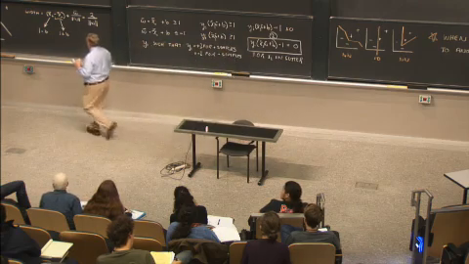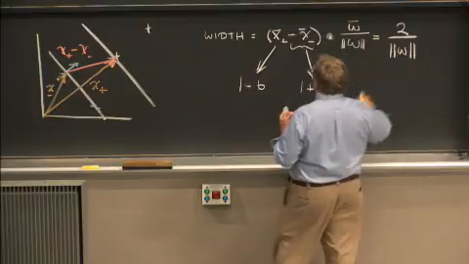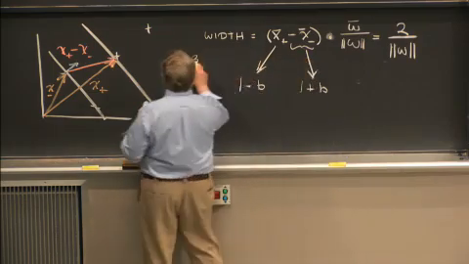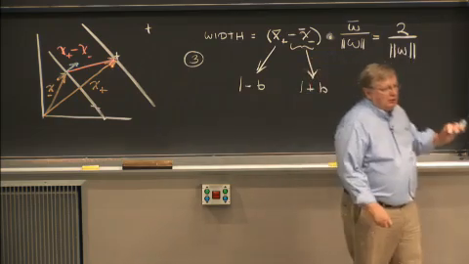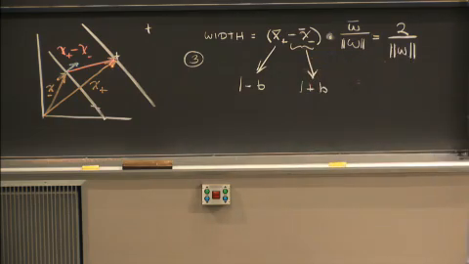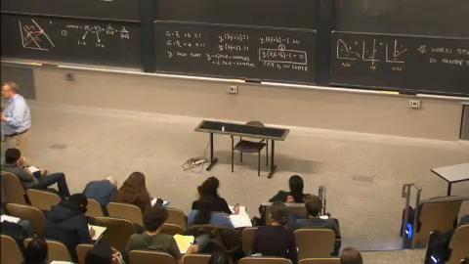So this quantity here, this is miracle number 3. This quantity here is the width of the street. And what we're trying to do is maximize that, right?